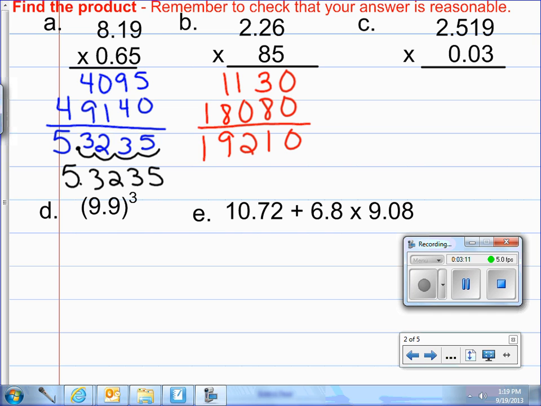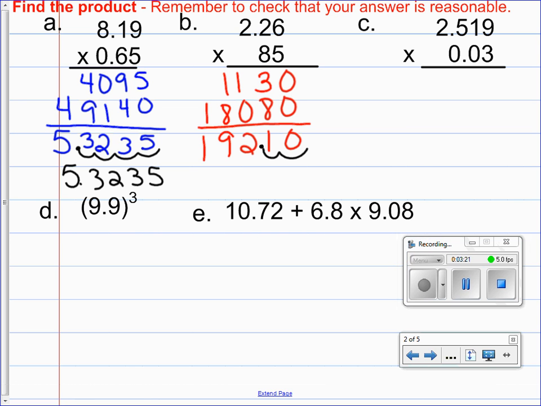In example B, how many decimal places are you going to move the decimal over? 2. So here is the final answer.